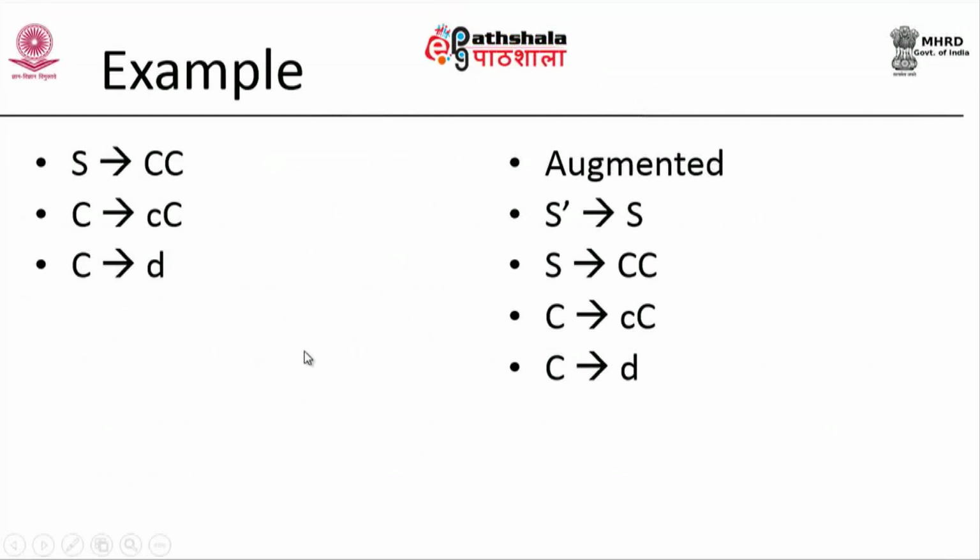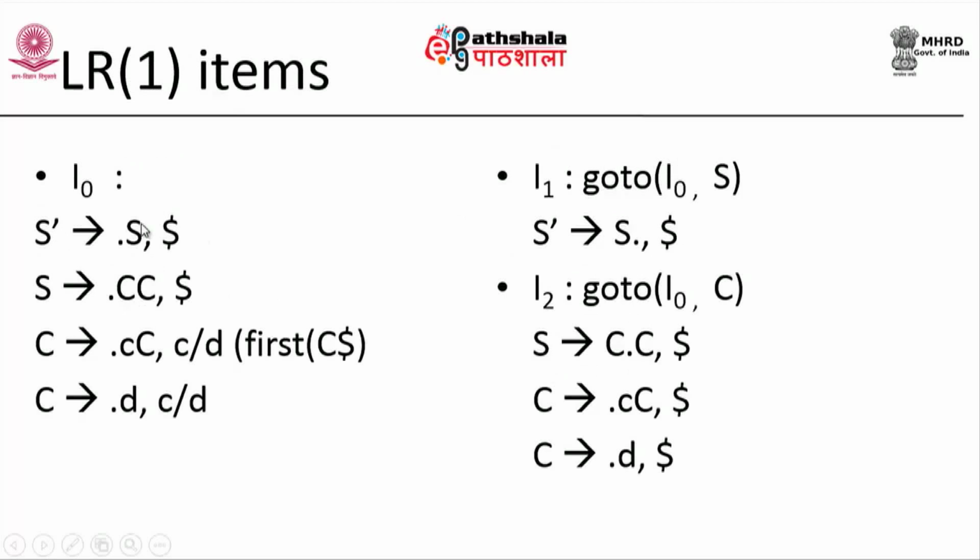So, what is the fundamental idea behind this merging? Again, let us take the same example: S produces CC, C produces cC, C produces d, and the augmented grammar is the same. This is what we looked at as the LR(1) items of the canonical LR parser, where I0 is S' produces dot S, comma dollar.